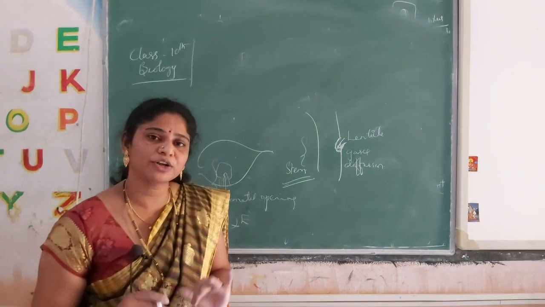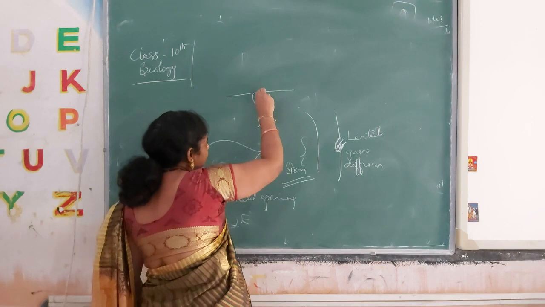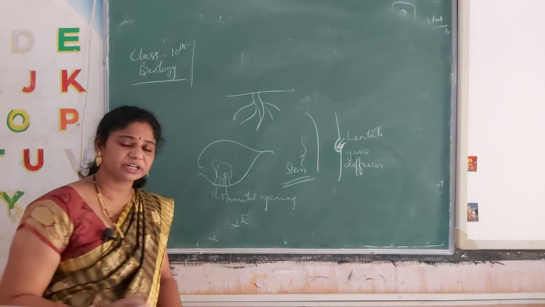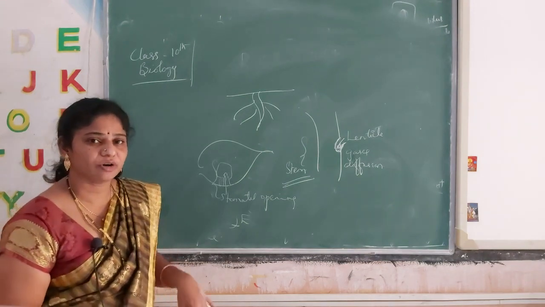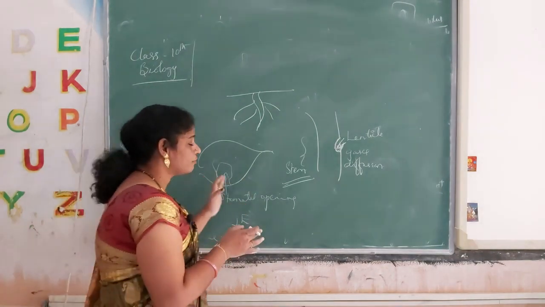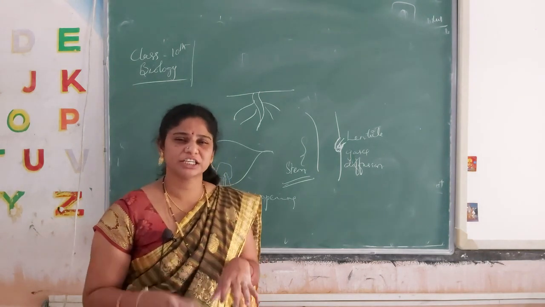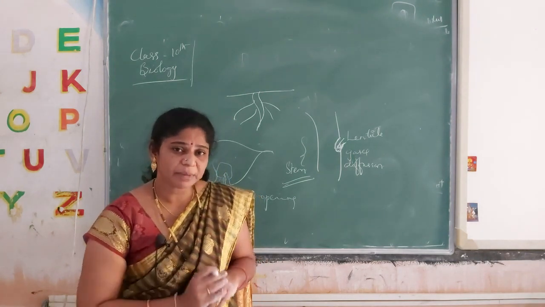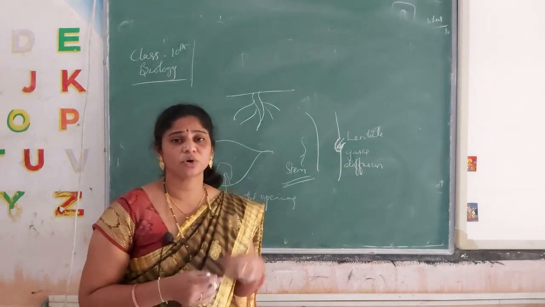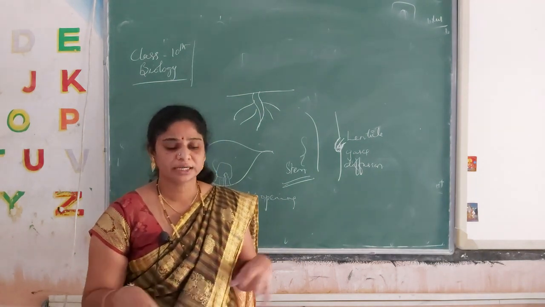Lenticels are also openings of aerating roots. If the root system is present below the surface of the earth, that is okay, it will conduct the water. But in a few marshy areas, in mangrove plants, where do they grow? In marshy areas, where the oxygen concentration or carbon dioxide couldn't enter into the soil.